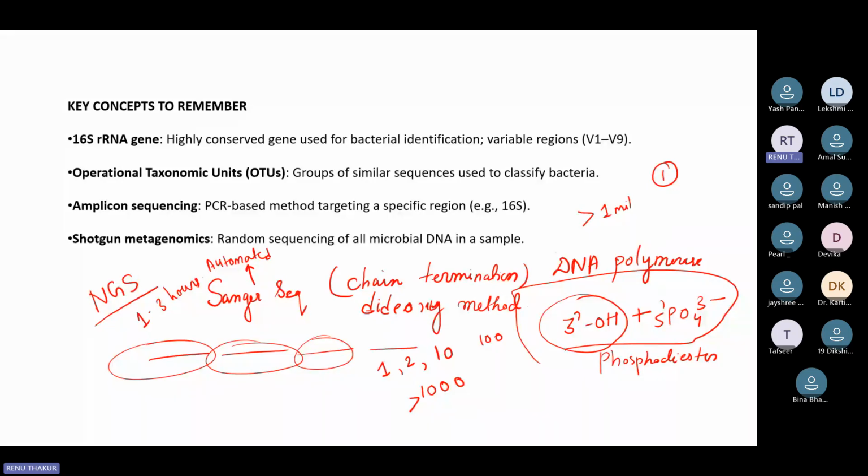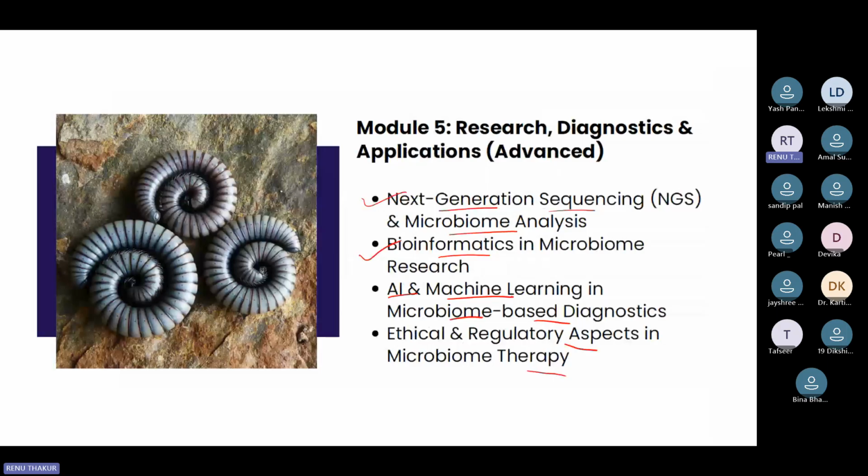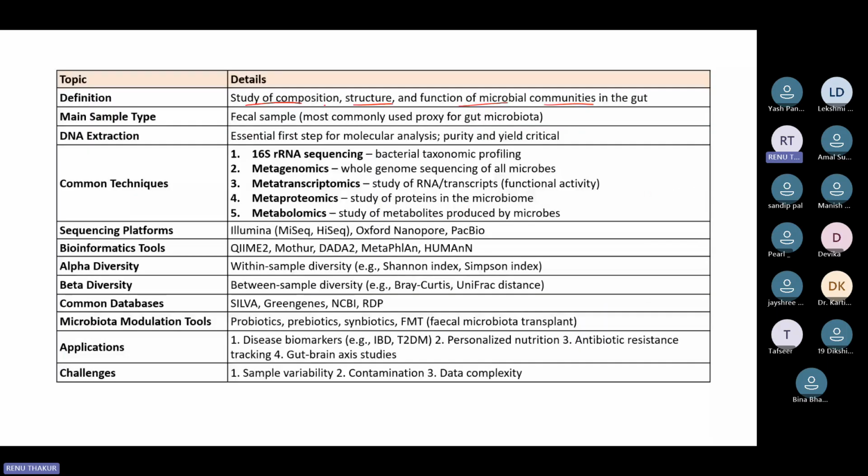Now I will come point wise. So why do we use this next generation sequencing? To study the composition, that what our gut microorganisms are from different phylum. So we want to know that each person is having different kind of microbial diversity in their gut. What is its structure?